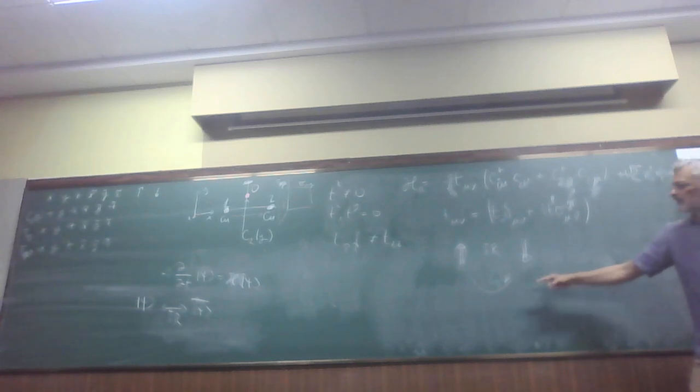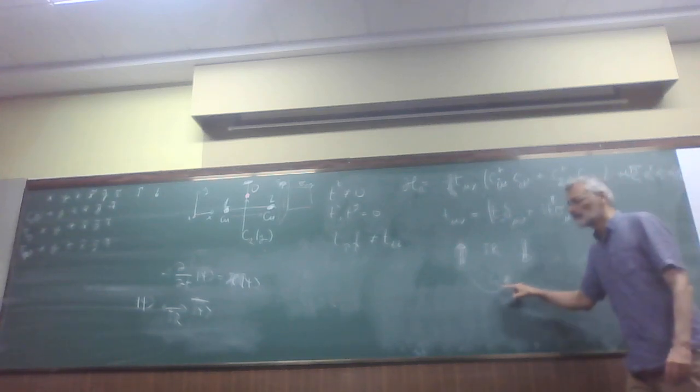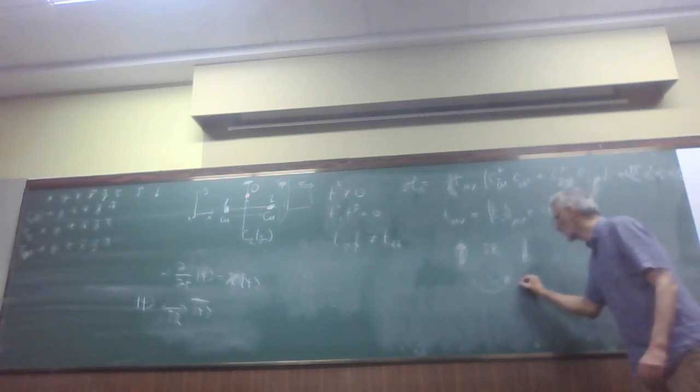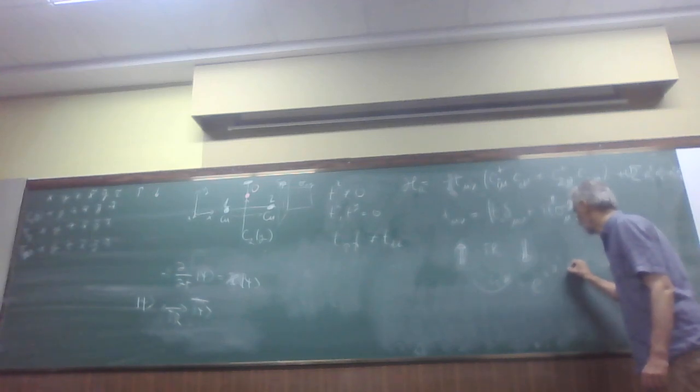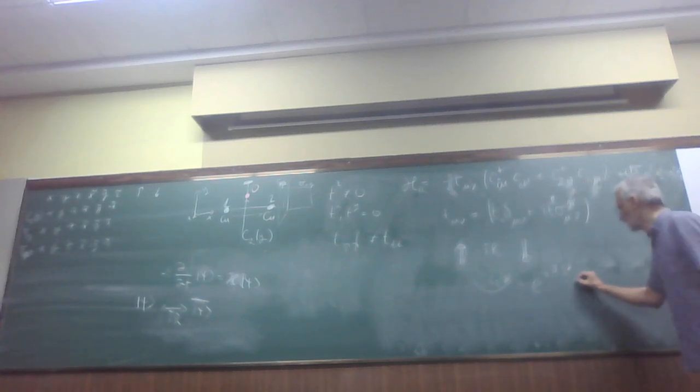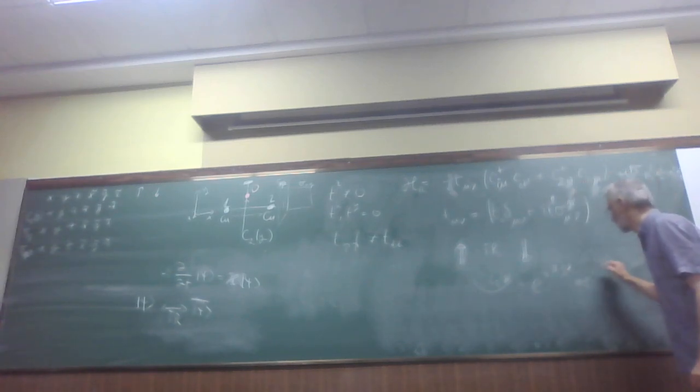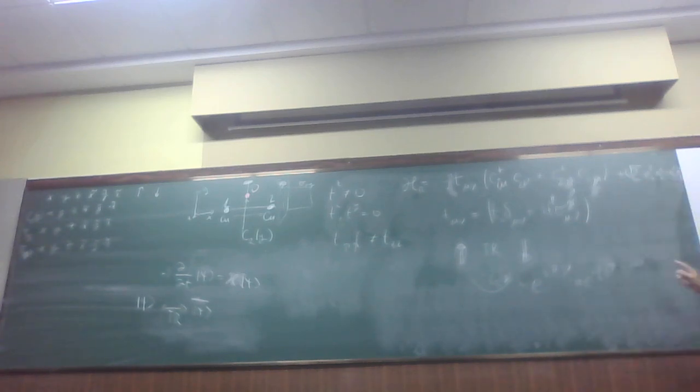For convenience, I will take the y-axis, because the C2 y on spin 1/2 is proportional to e to the i pi s_y, which is equal to e to the i pi half sigma y.